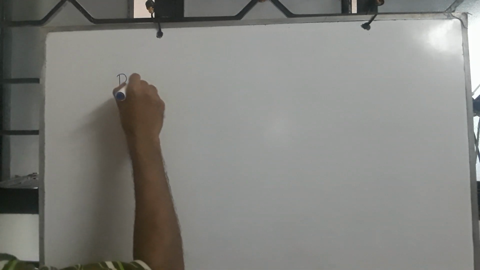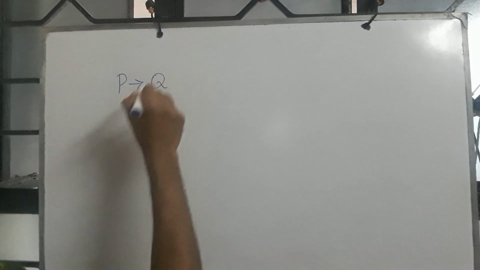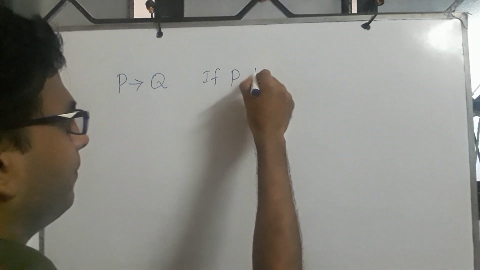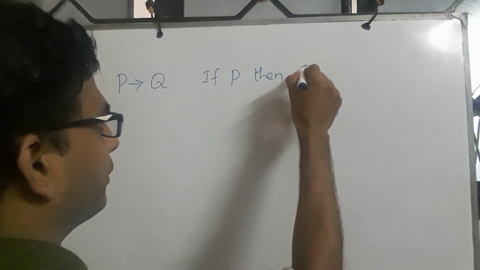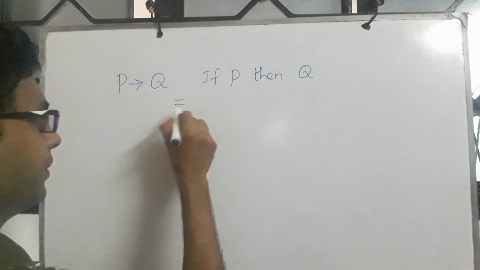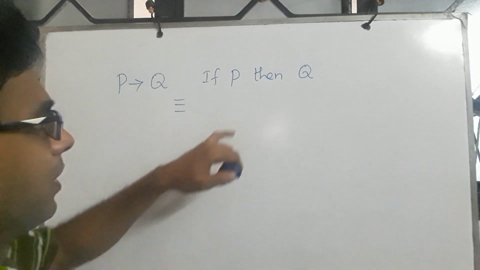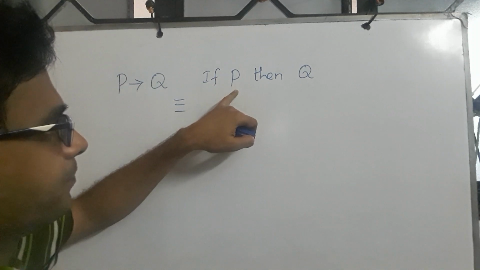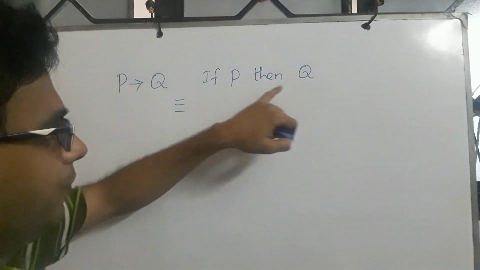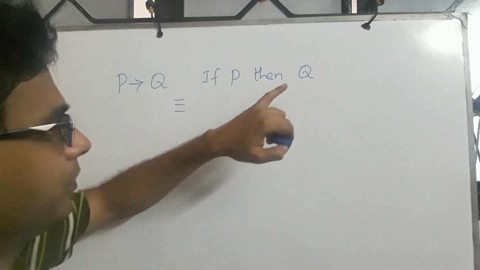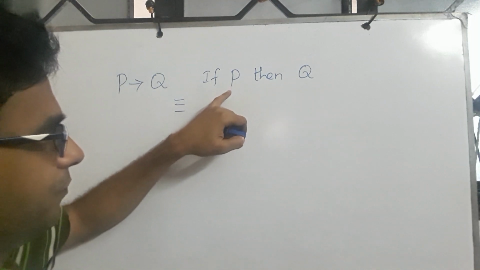So when we were discussing P imply Q, we said if P then Q is equivalent to writing Q follows from P, and Q whenever P, P is sufficient for Q, Q is a necessary condition for P, and so on.